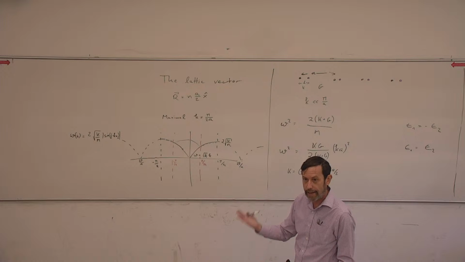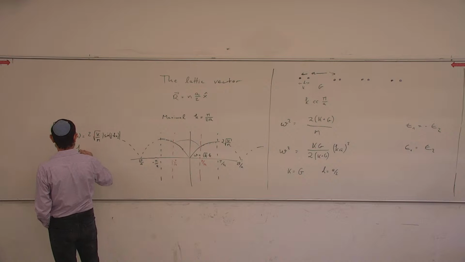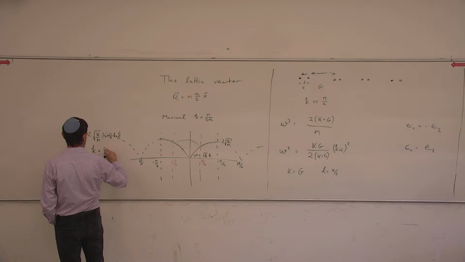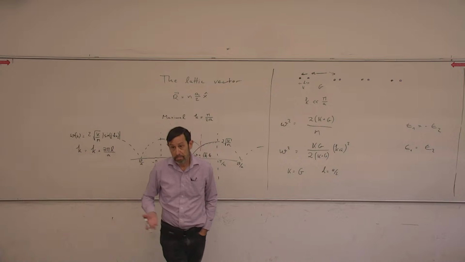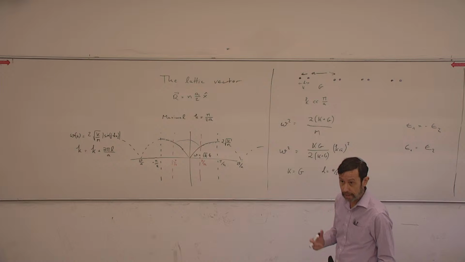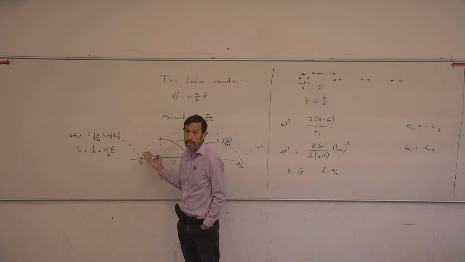Therefore, any k up to a reciprocal lattice vector is the same solution. And therefore, you never bother to write them down.